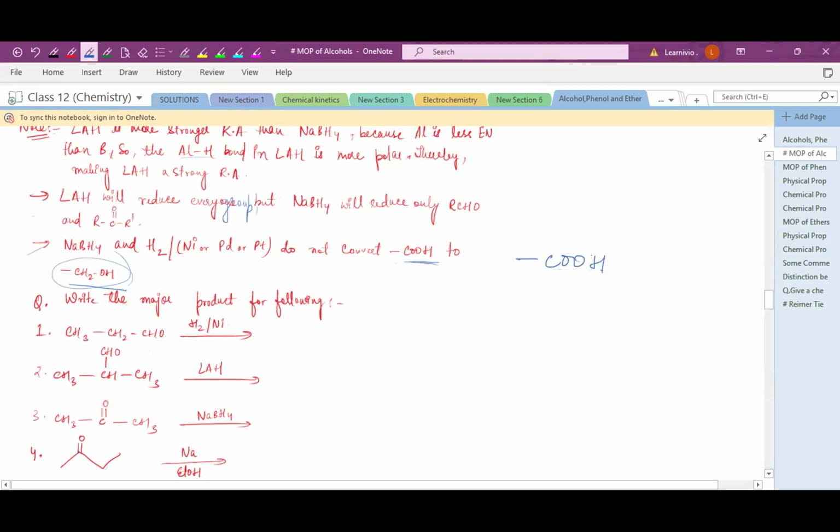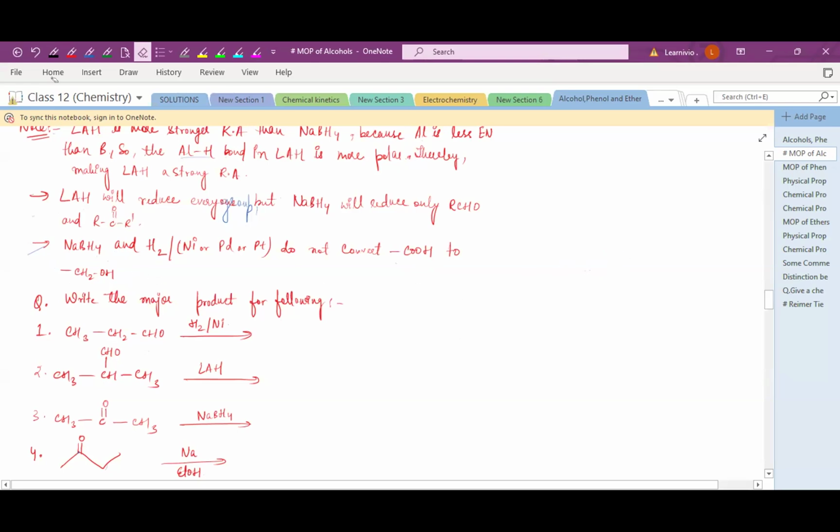Reduction means either you remove the oxygen, or the addition of hydrogen is the reduction, right? So there are two oxygen, and to remove the two oxygen, you need the strongest reducing agent. So sodium borohydride and catalytic hydrogenation will not convert carboxylic acid to an alcohol. Just keep this in your mind.